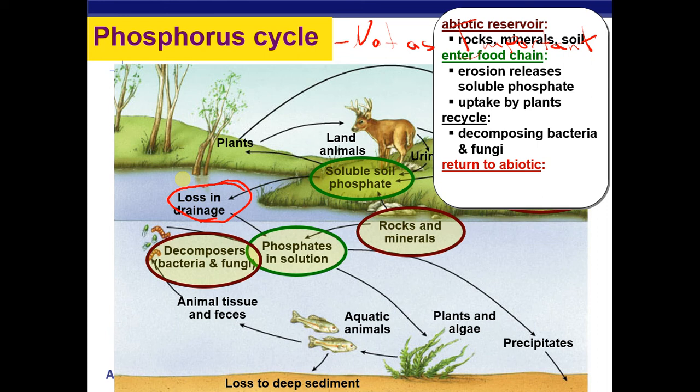Decomposing bacteria and fungi recycle it, turn it back into the soil, and it's lost through ocean sedimentation, which is how it really returns back to the abiotic reservoir. And organisms die and it's lost into the sand and the soil down here and turned back into rocks and sediments and minerals. It can return back to the abiotic reservoir.